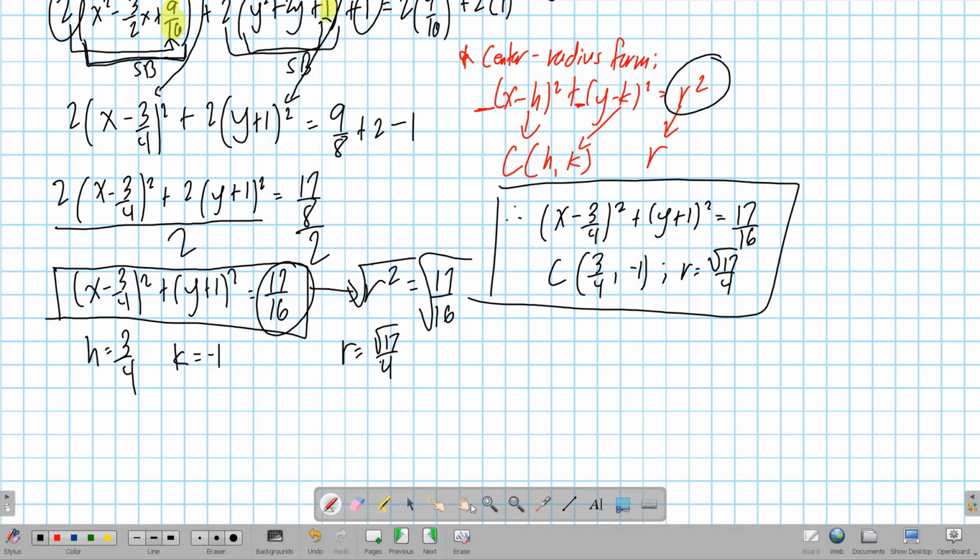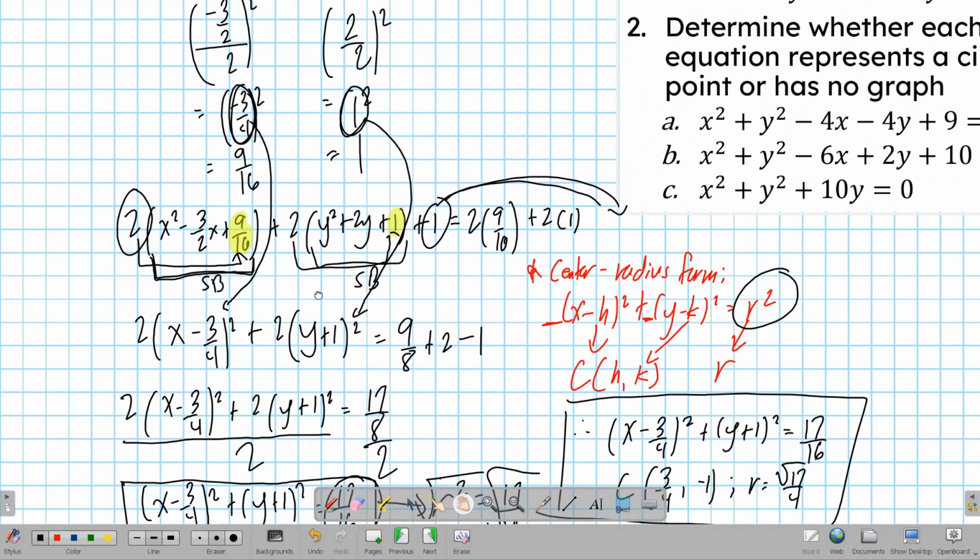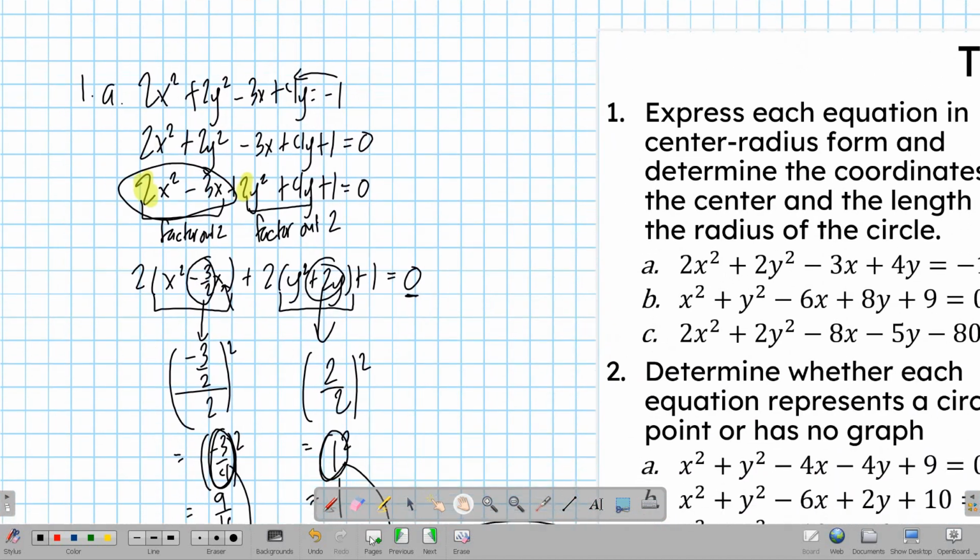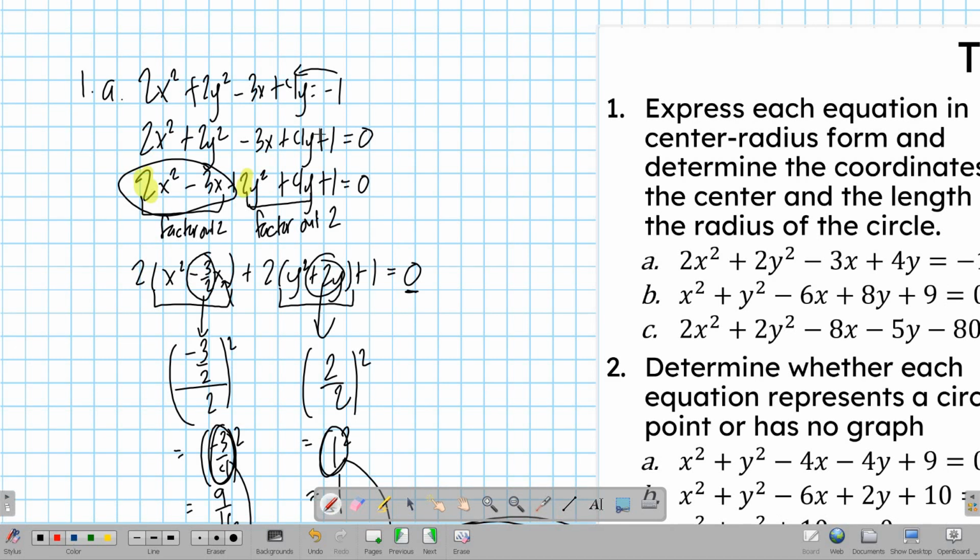Now, ilang notes lang. Actually, dito pa lang, pwede ka na mag-divide both sides by 2. So, another way, pag nag-divide ka both sides by 2, magiging x squared plus y squared minus 3 halves x plus 2y plus 1 half equals 0.